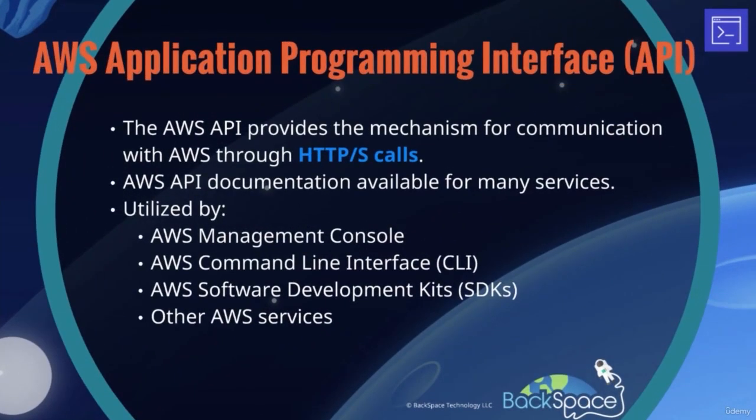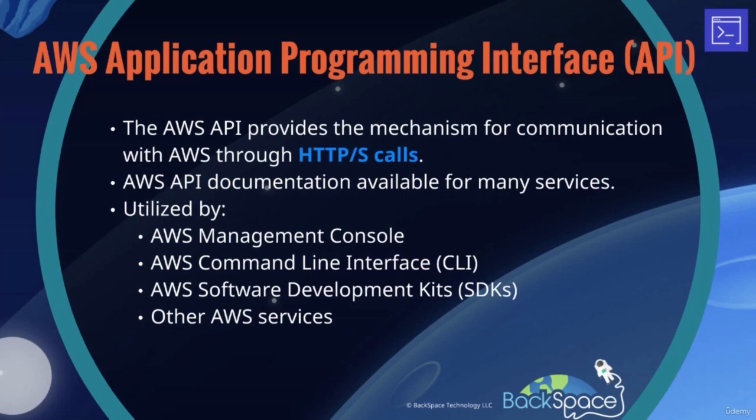When you're using the AWS Management Console like we've done in the past, AWS uses an application programming interface to enable that communication between your remote computer and the AWS services and resources.